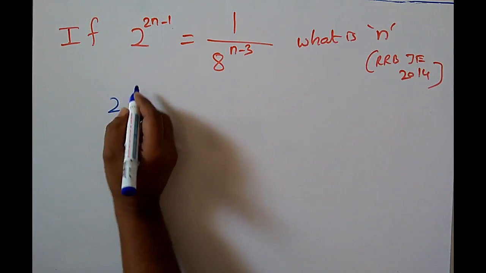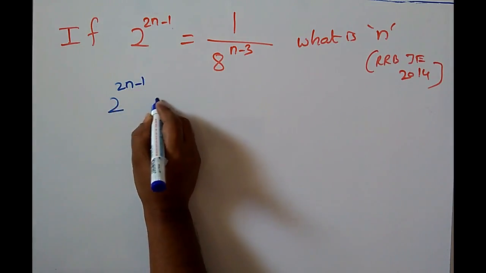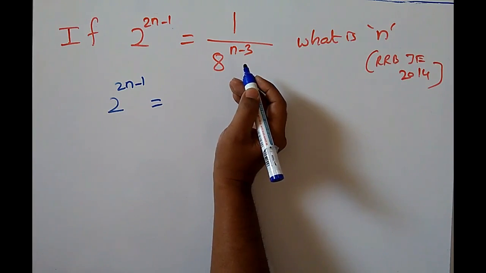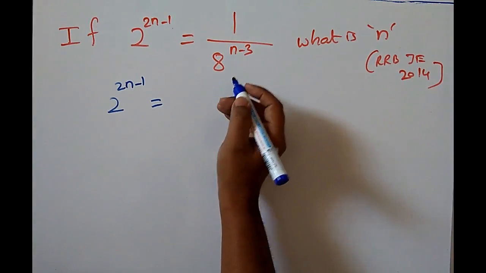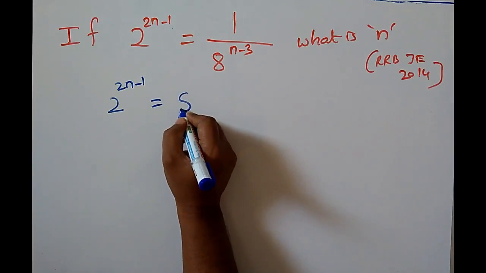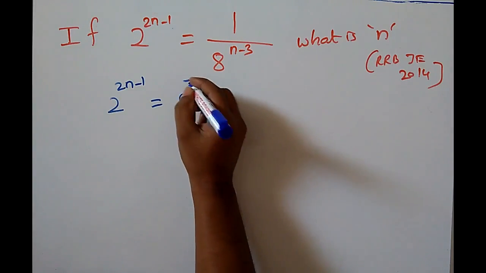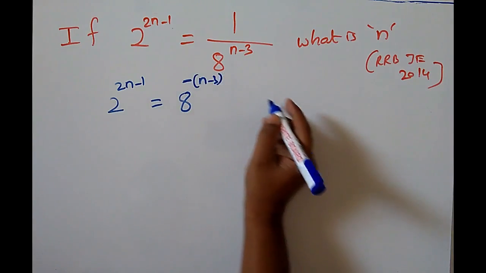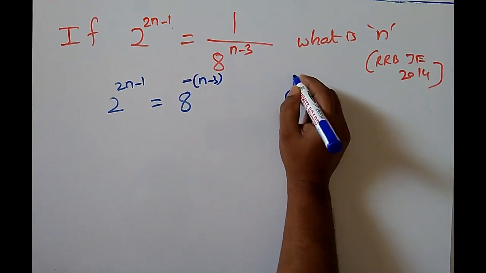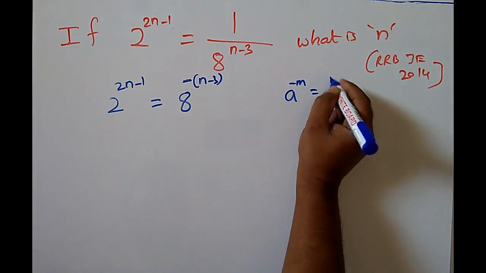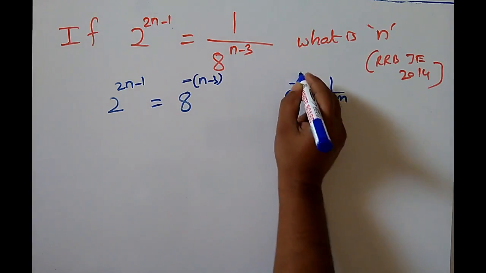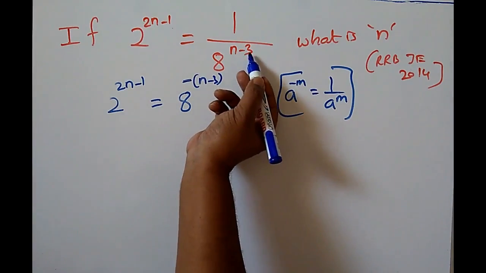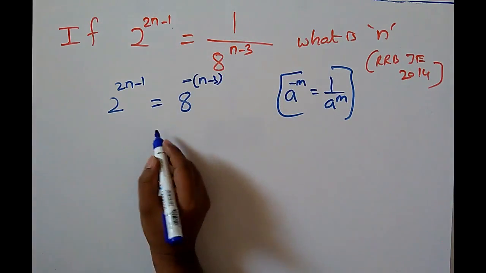Here we take the left hand side as it is, and on the right hand side, if we bring 8 power n minus 3 to the numerator, we have to multiply the power by minus, by the property a power minus m is equal to 1 by a power m, or vice versa. We are bringing 8 power n minus 3 to the numerator.